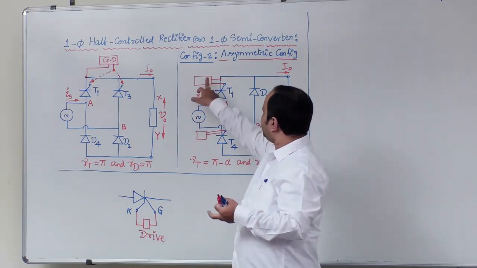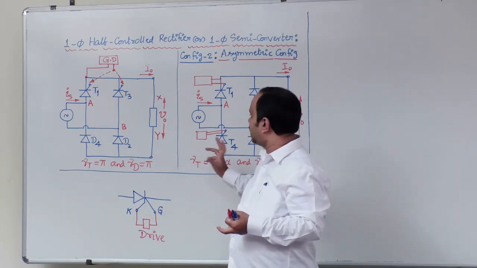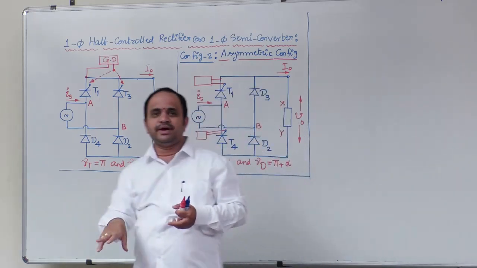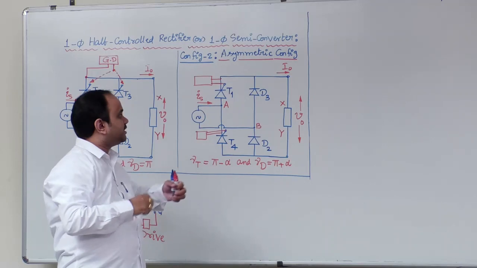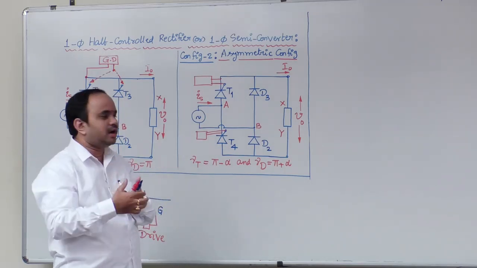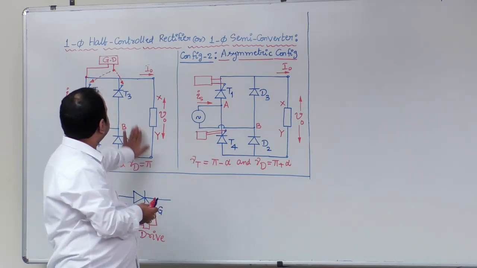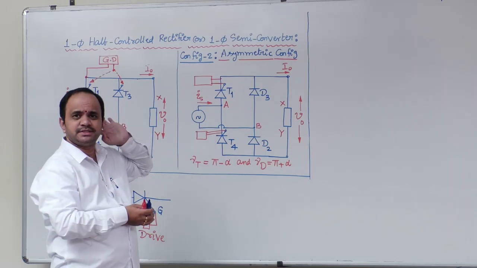So this circuit will be more costly. Both circuits require two thyristors and two diodes, but the way you are connecting them demands more hardware in the case of the second configuration. But in this case, only one gate drive circuit is sufficient.